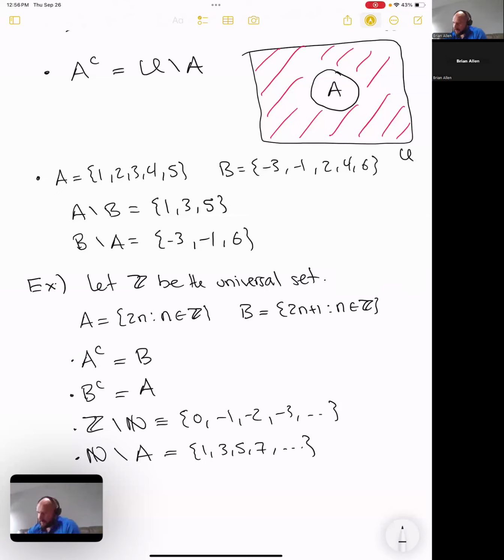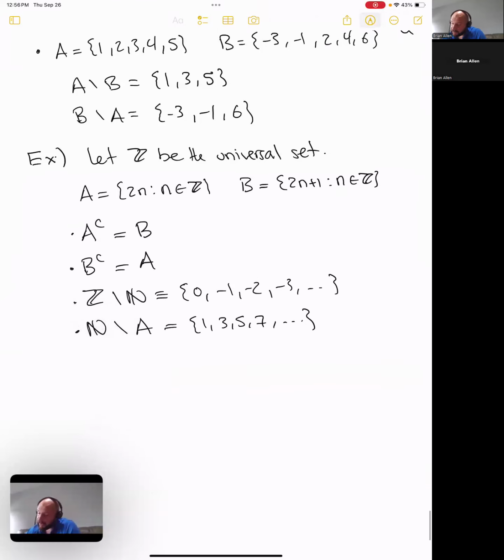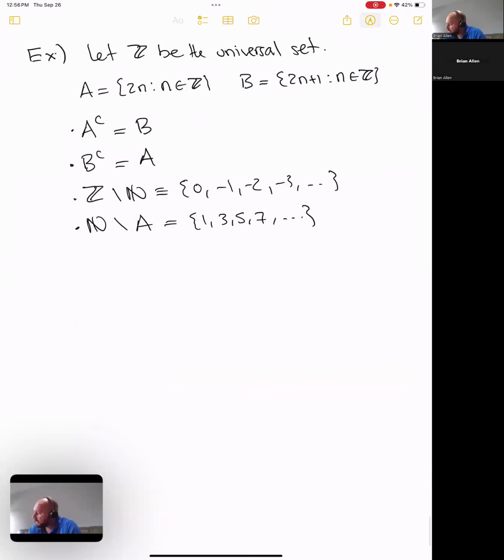Okay, good. So there's going to be a worksheet where I have you just play around with all these set operations. It's not supposed to be a hard worksheet. It's just to keep you accountable that you've understood these definitions, right? Okay, let's do one more set operation definition, which will be important for examples.